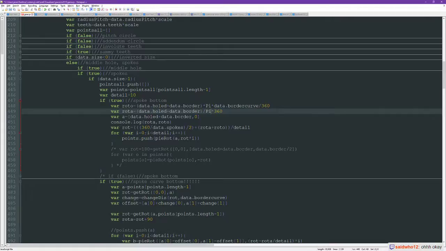Yeah. And the other one is... So, length divided by radius, okay.